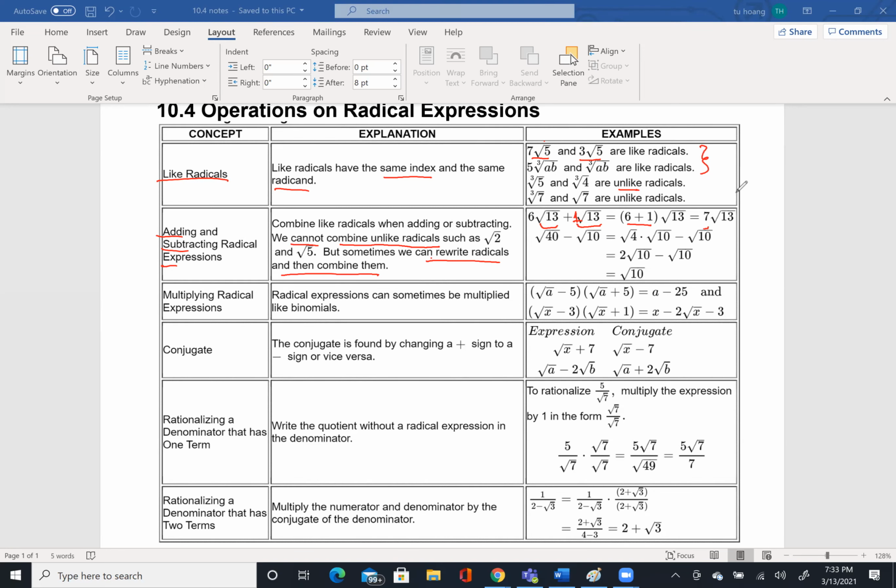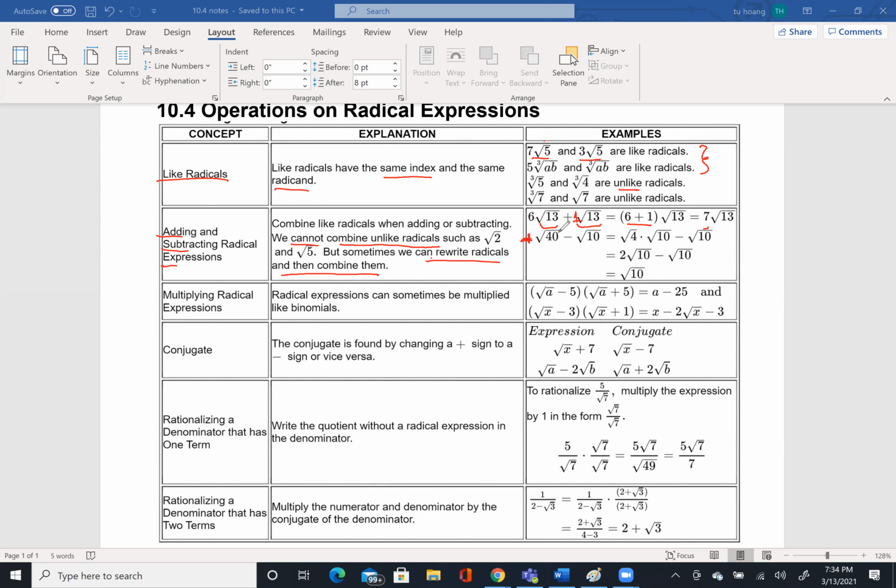Okay, so the second one, you have the same index, but different radicands. In this case, you may try to figure out if you can rewrite a radical and make it like radicals, and then you can combine them.